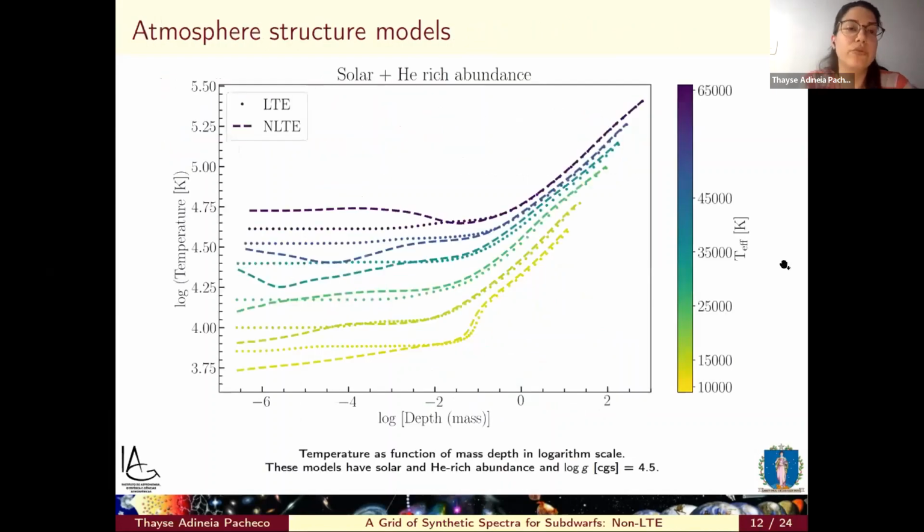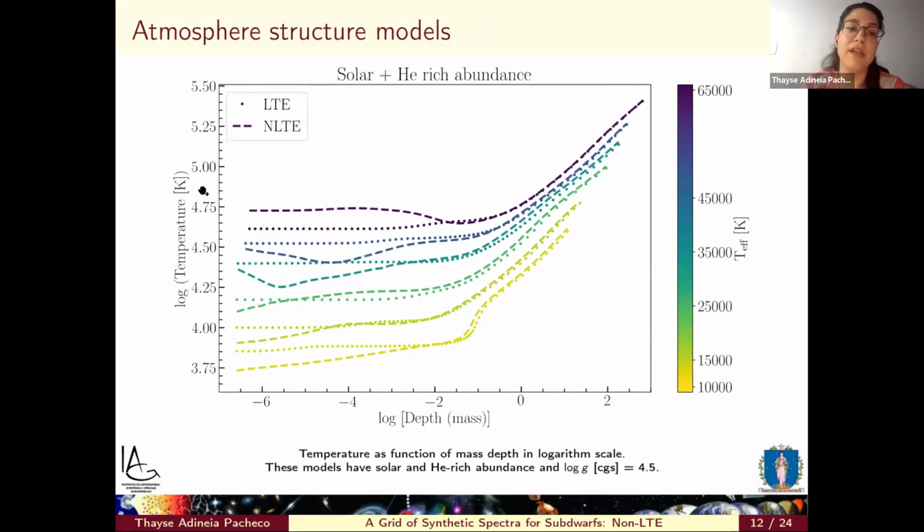Now I'm going to show some results. Here we have atmosphere structure models. I'm showing the temperature as a function of mass depth. The left part is the upper atmosphere, and the right part is the inner atmosphere.